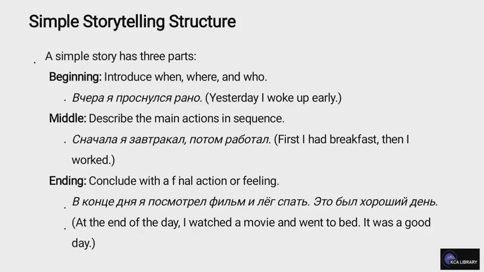First I had breakfast, then I worked. Ending: conclude with a final action or feeling. V kontse dnya ya posmotrel film i leg spat. Eto byl khoroshy den. At the end of the day, I watched a movie and went to bed. It was a good day.